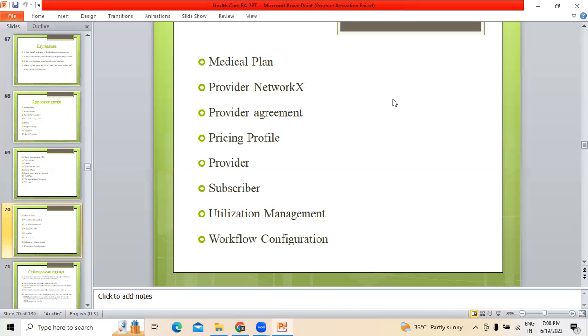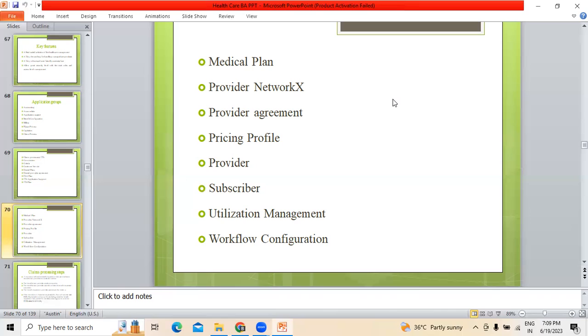Workflow management and creating more workflows is required. Some people have administration experience, and if any business analyst has some admin experience, they have to configure these workflows and configurations with other systems, because multiple systems will be connected in healthcare organizations and payers. That workflow configuration should also be included.